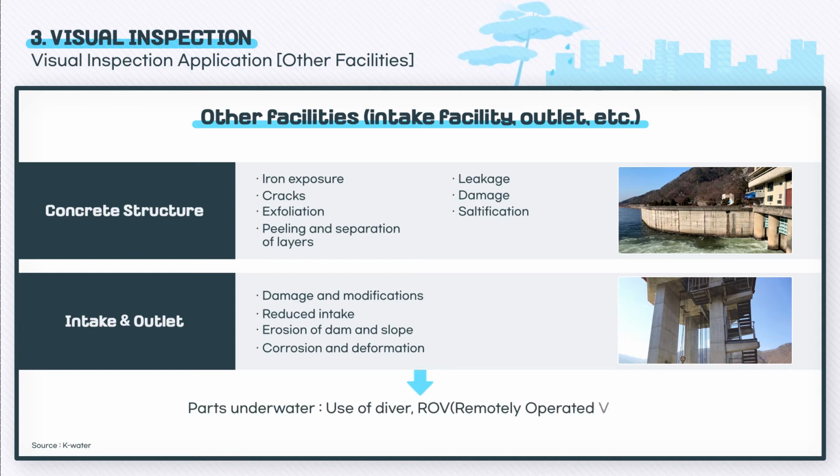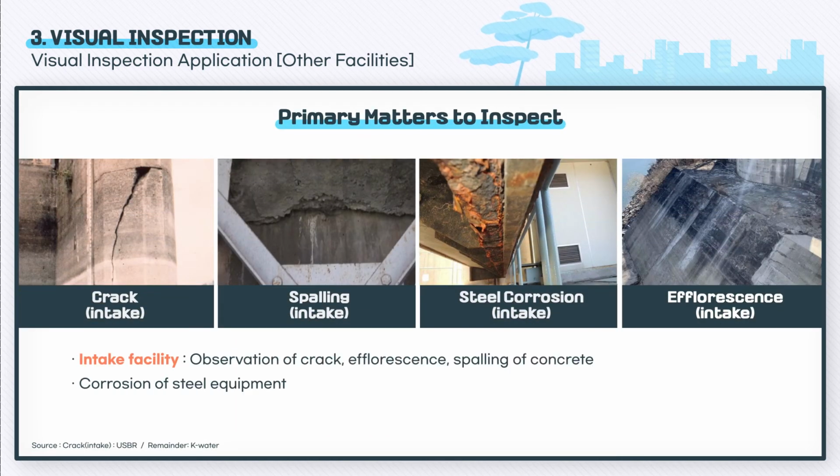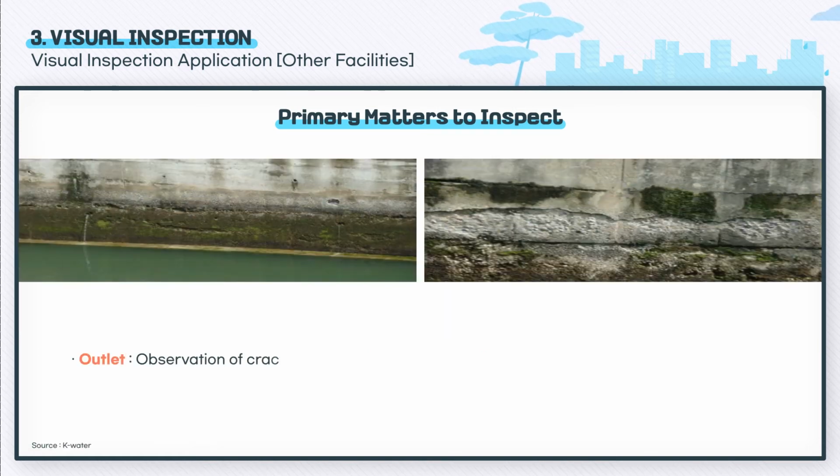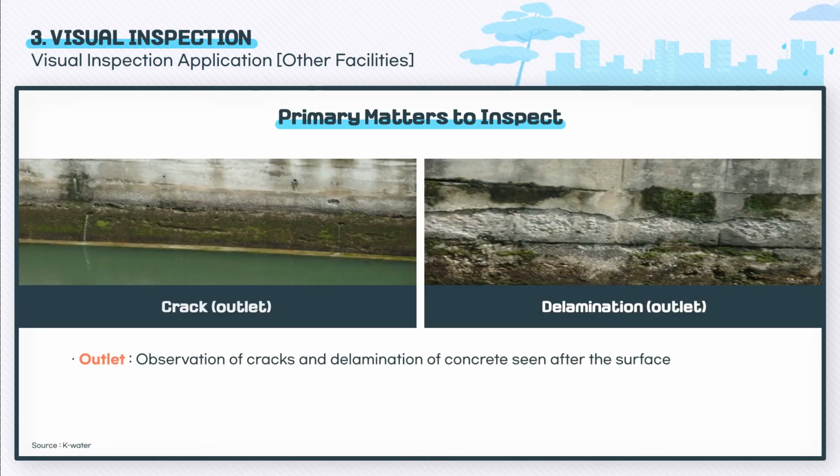The areas underwater that cannot be inspected by the naked eye are normally inspected using divers or an ROV. Looking at the images of the intake facility, cracks, efflorescence, and spalling of concrete are all observed, and the corrosion of steel equipment is also evident. Furthermore, the images of the outlet reveal cracks and delamination of concrete are occurring above the surface.